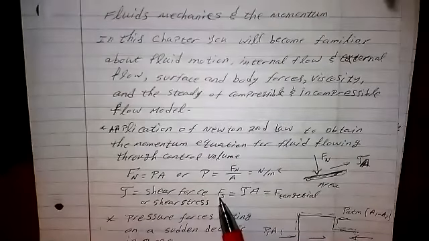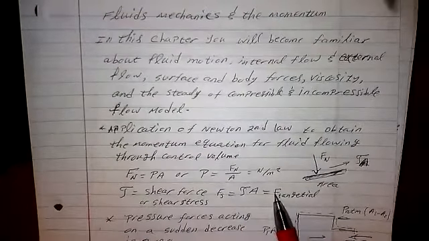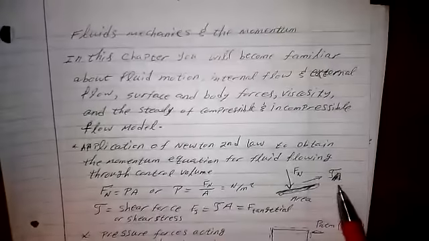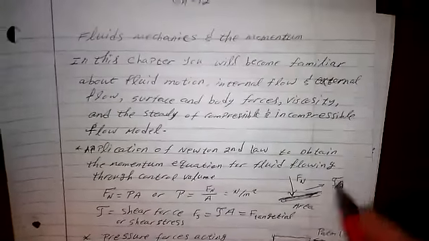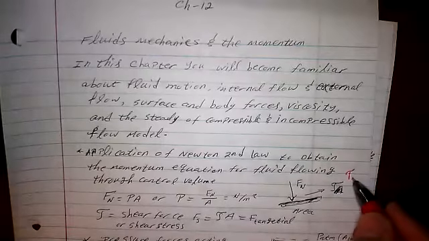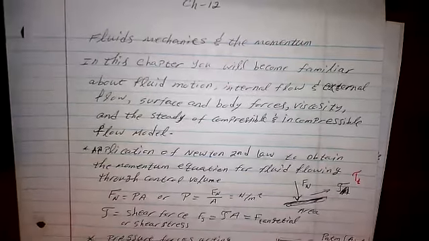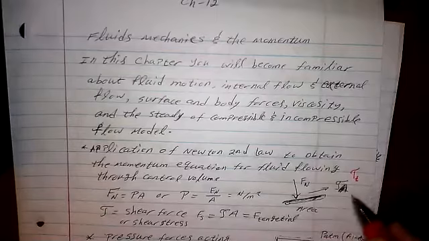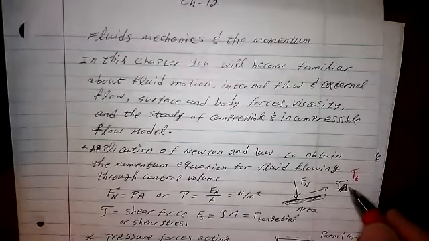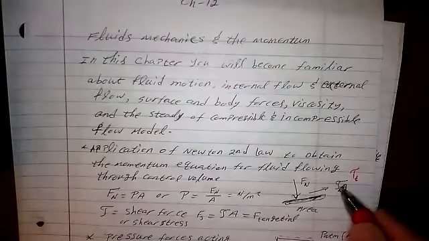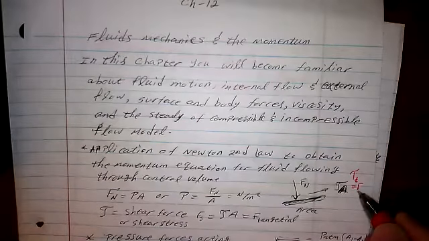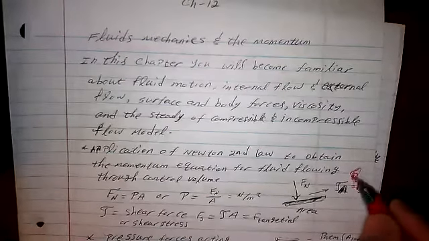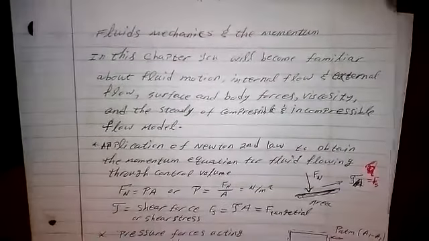The shear force is also known as tangential force, versus normal force. Tangential or shear force is shear stress times area, which is equal to the shear force. Okay, shear force. There we go.